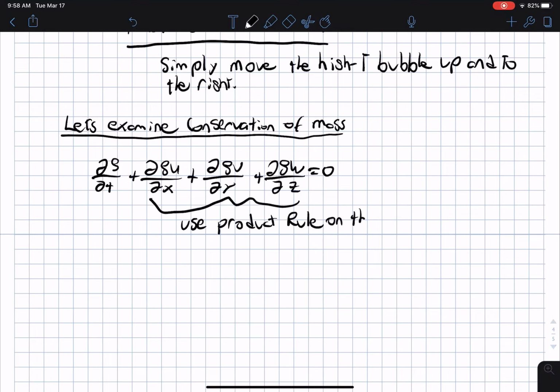On these terms. Okay, and so here we're implicitly assuming a differentiable flow field.